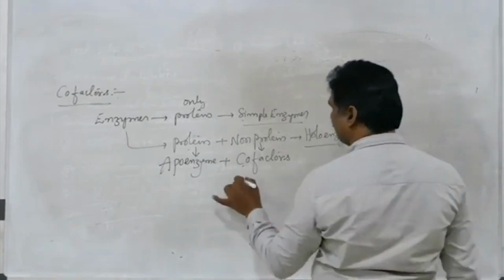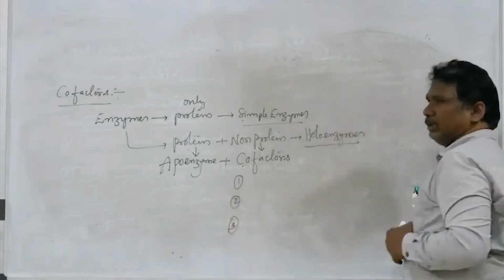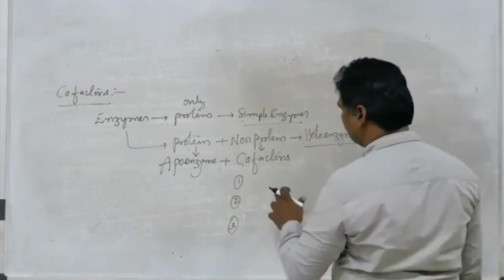There are three types of cofactors. Okay, we can go through them one by one.